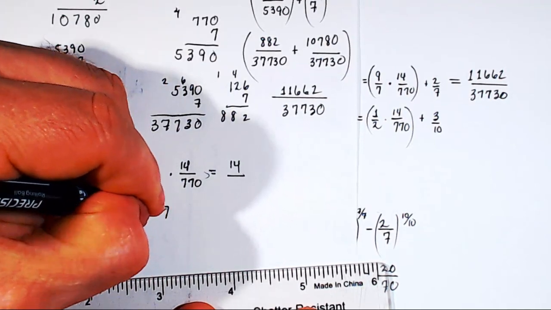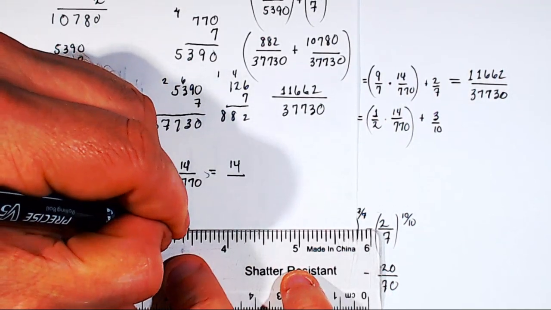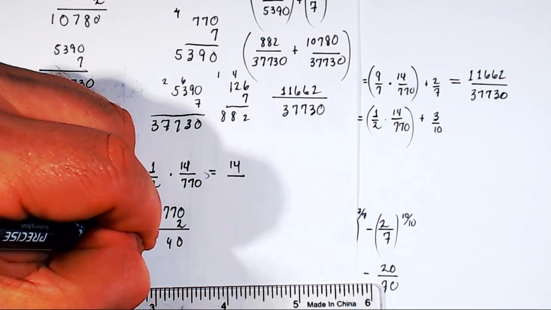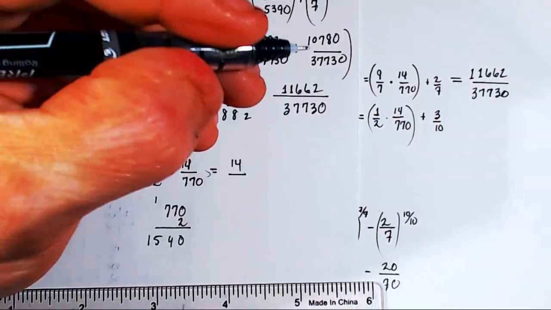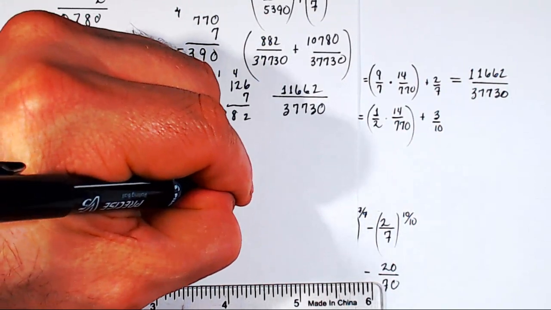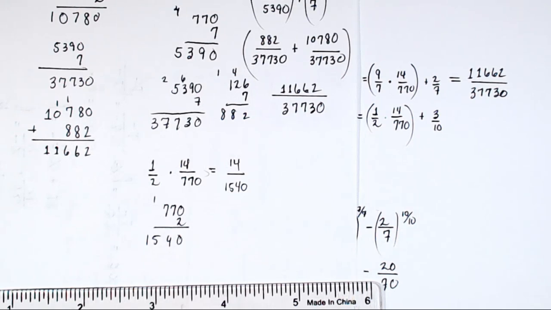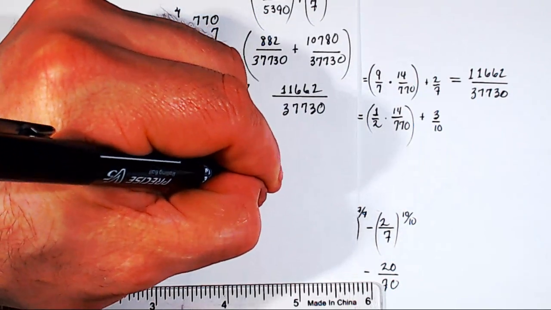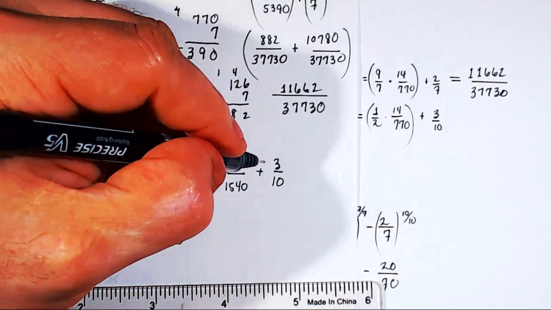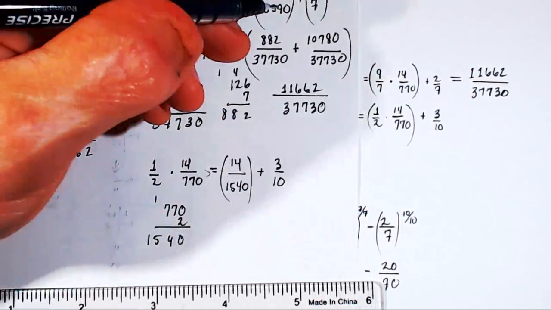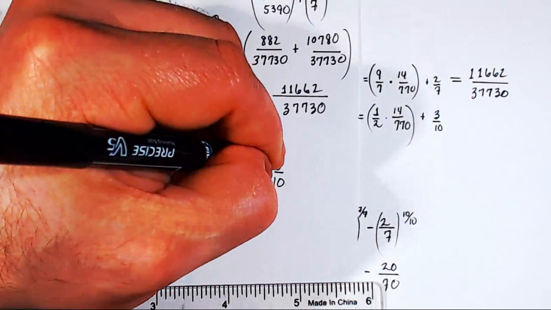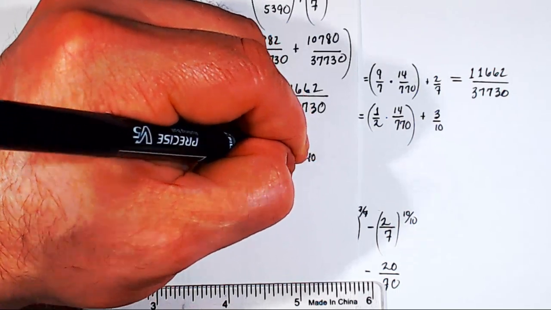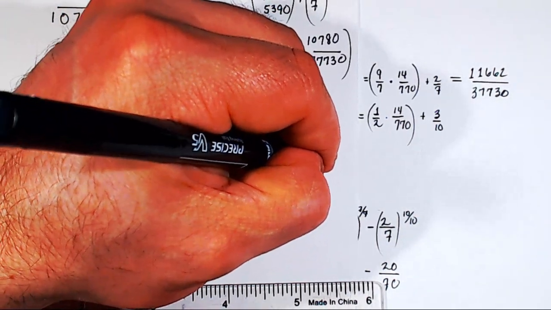I guess we have to do it times 2 this time. 770 times 2 is equal to 0, and it's 14. 14 plus 15, so 1,540. All right. And then we add to that plus 3 over 10. All right, so in order to do this problem, we need to multiply this times 10 over 10, and this times 1,540 over 1,540.